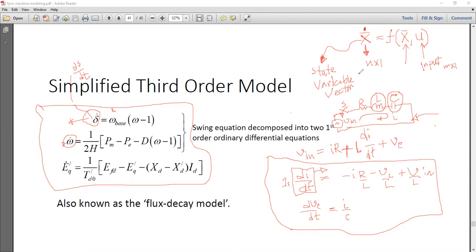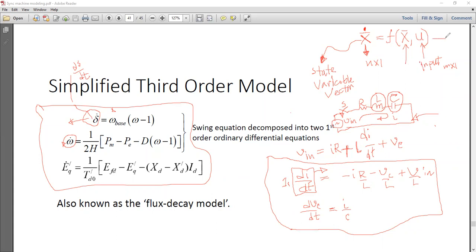Or in other words, the space spanned by the elements of the state vector is known as the state space. And the corresponding dynamic model is known as the state space model.